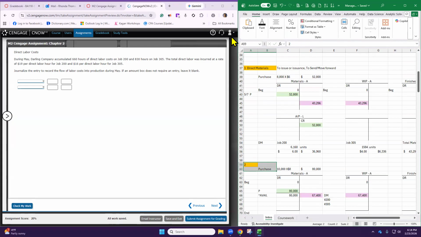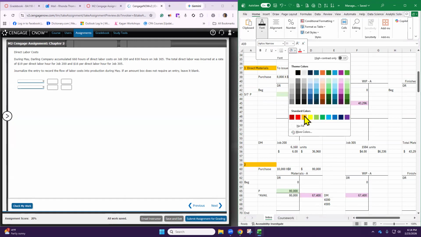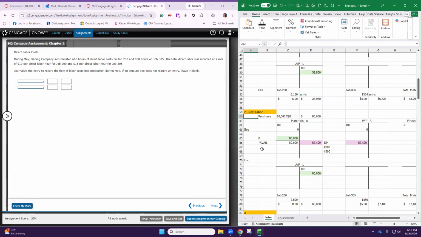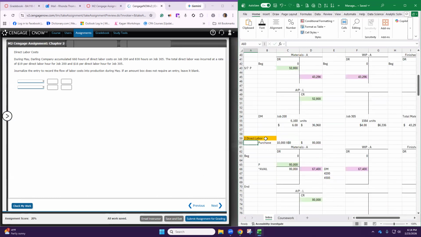That's going to happen here too. And then we're going to direct labor. Okay, direct labor. Oops, that should be direct materials. Sorry about that. We'll get there. All right, materials.